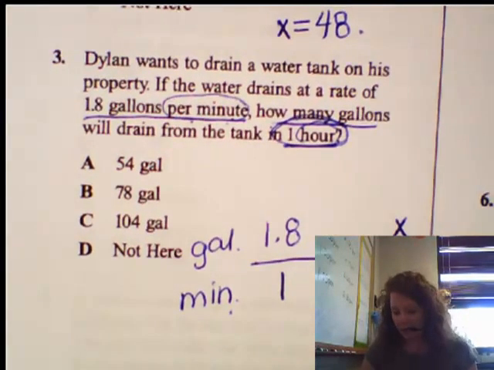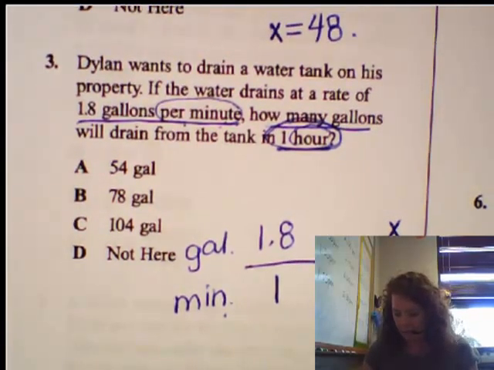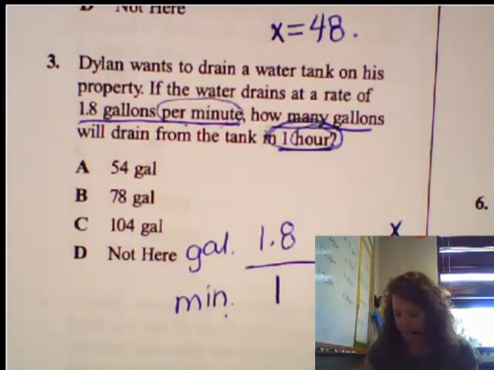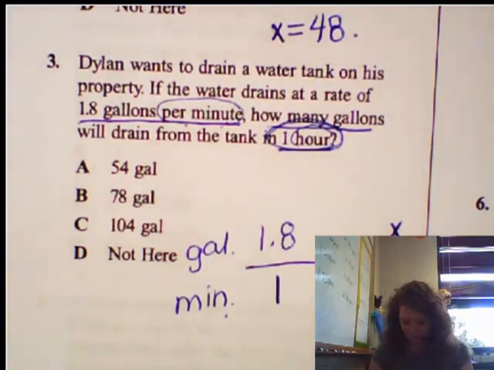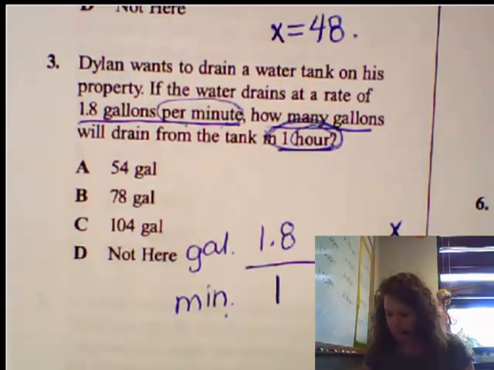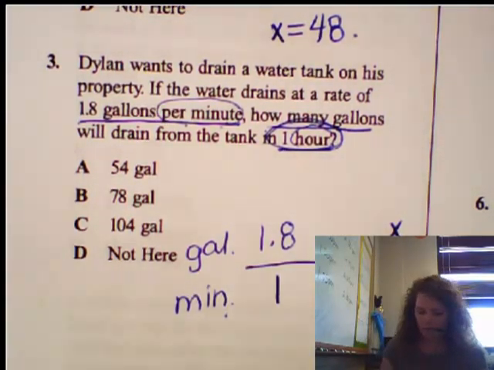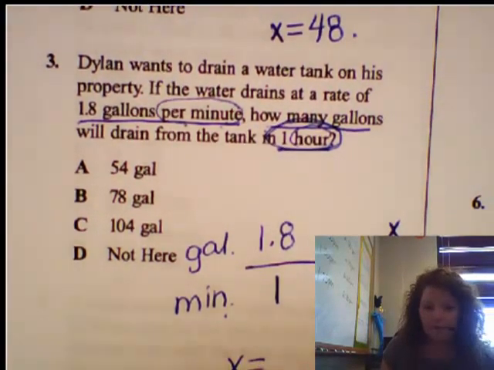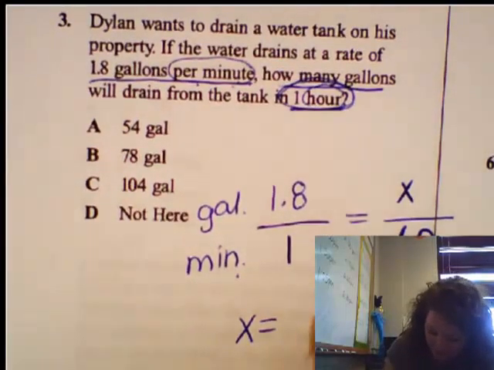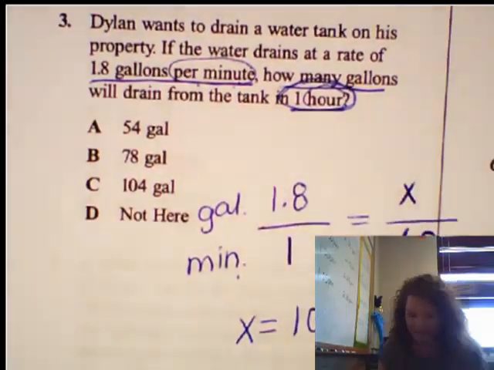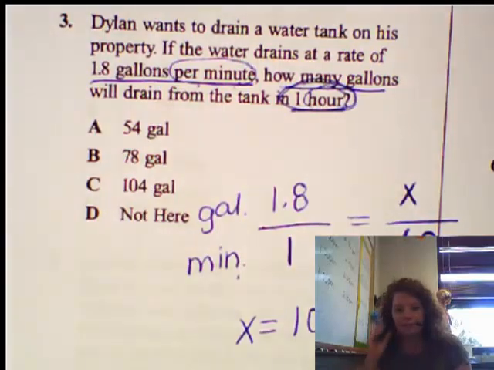Go ahead and work that one out. 60 times 1.8. I don't know about y'all, but I end up with an answer of x equals 108. But do check my math in case I made a mistake.